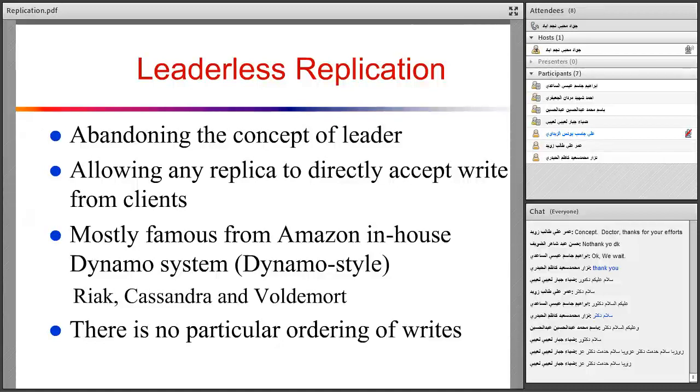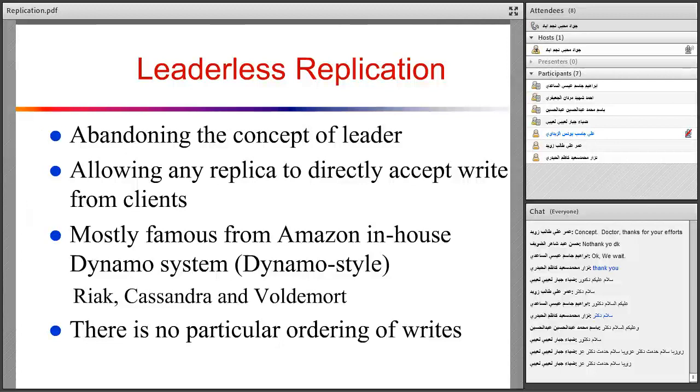In this type of replication, we don't have a leader. In the two previous types, some machines were followers and some other machines were leaders.